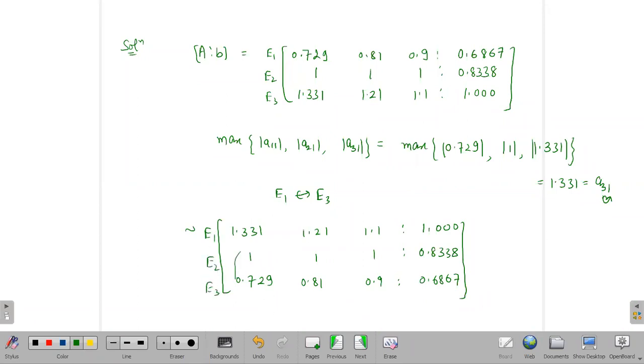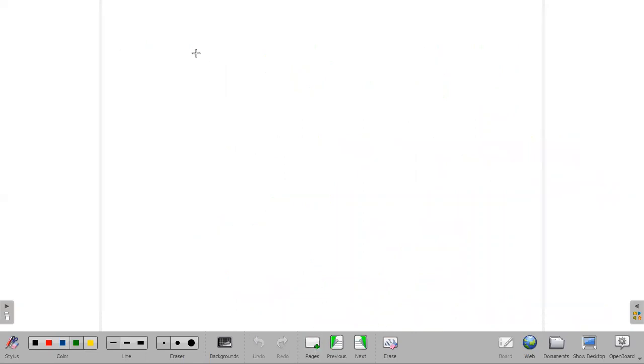So now make these elements 0. E2 minus, we have to divide by this larger number, 1.331, multiplied by 1 into E1. And E3 minus, divide by 1.331, multiplied by 0.729 into E1. So now use 4-digit rounding also. Let us write these operations again.